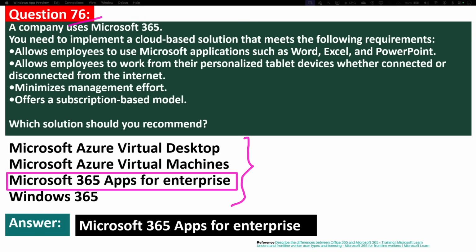It includes familiar applications like Word, Excel, PowerPoint, and Outlook, along with powerful cloud services such as OneDrive, Teams, SharePoint, and Exchange. One of the key benefits of Microsoft 365 is you can work from any device, be it PC, Mac, tablet, or phone, because everything is stored in the cloud.